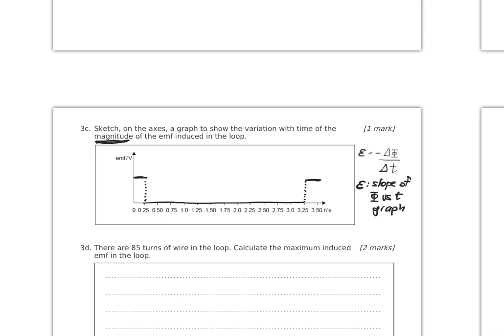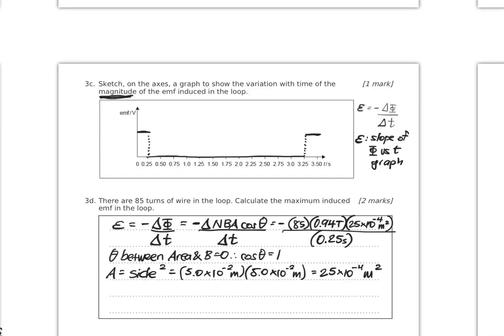we have no EMF. All right, so yeah, EMF is the negative of the change in flux over time. I know that flux is NBA cosine theta. We know the number of turns. We know the magnetic field strength. We can get the area from side squared because it's a square. So that's 25 times 10 to the negative 4 meters squared.